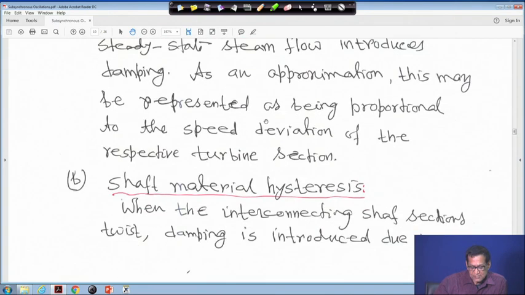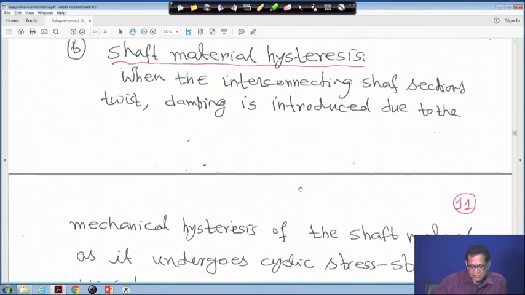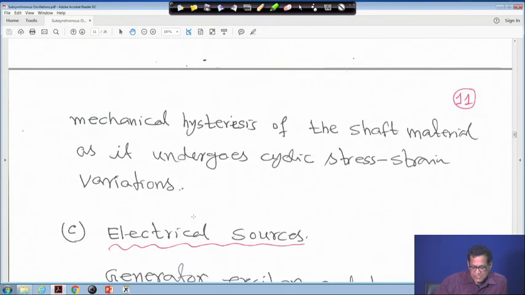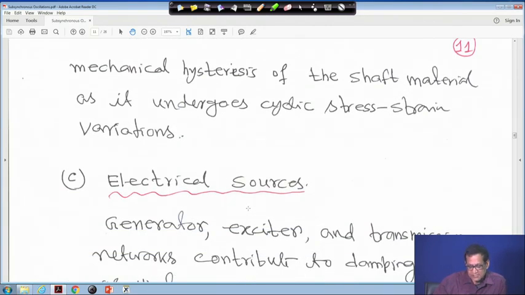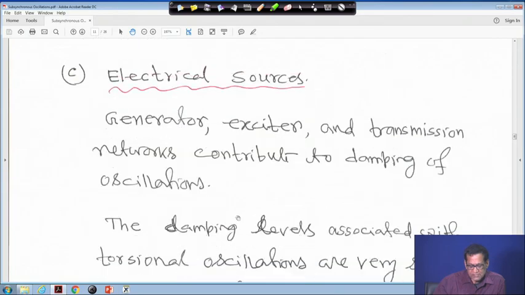Number B is shaft material hysteresis. When the interconnecting shaft sections twist, damping is introduced due to the mechanical hysteresis of the shaft material as it undergoes cyclic stress strain variations. Then number C, the electrical sources: generator, exciter and transmission network contribute to damping of oscillations.